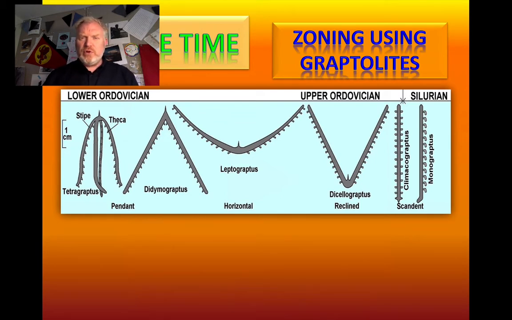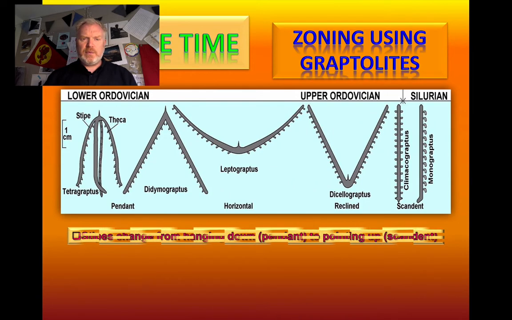Now, these are general rules and there are some exceptions to this, but we can see some overall patterns. The first of these is that the graptolites go from hanging down, what we call pendant, to sticking up, what we call scandent.